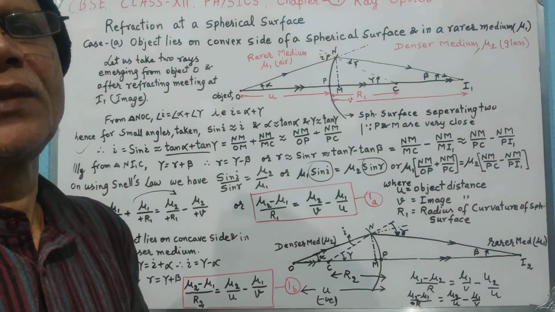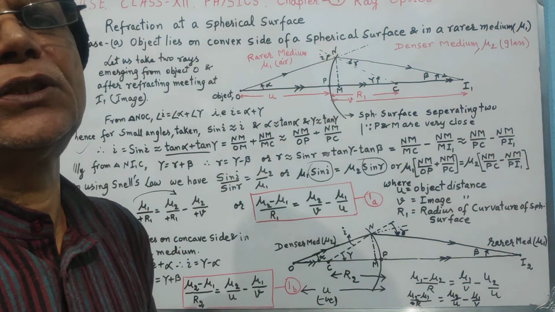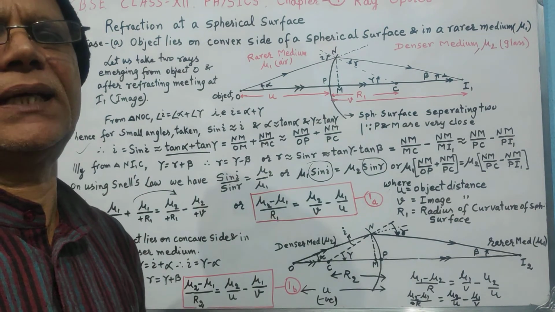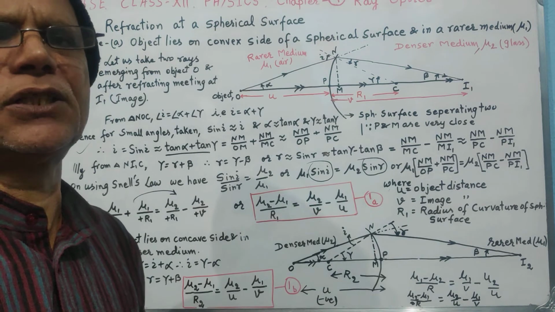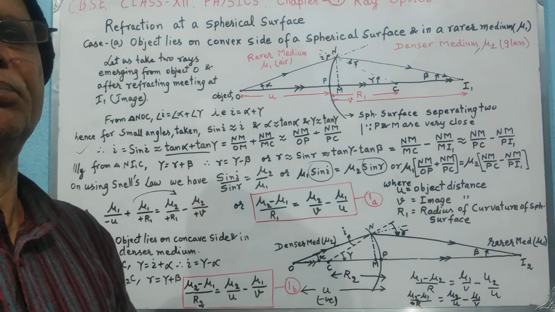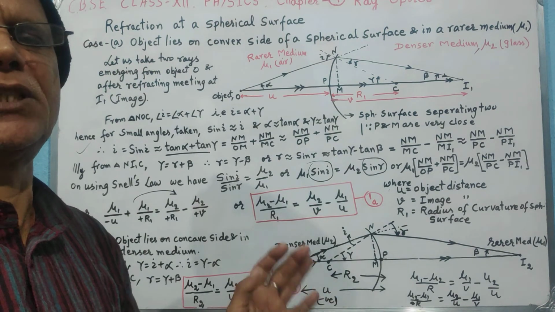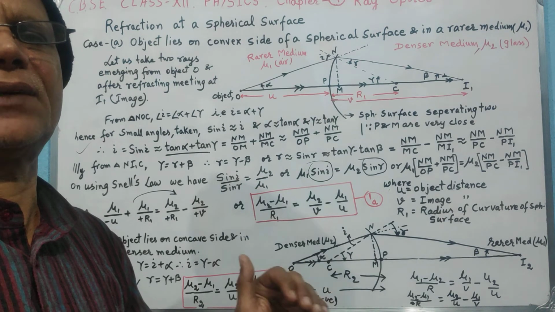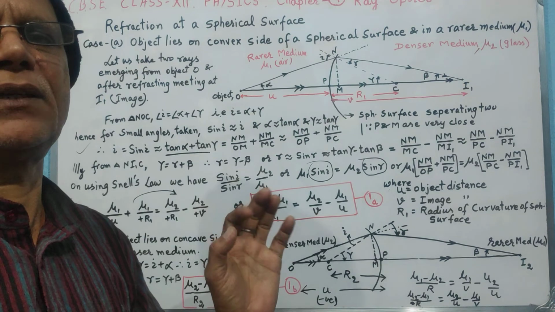So we have reduced the various cases: cases having a real image, cases having a virtual image, cases having the object placed in front of the convex side of the spherical surface, or in front of the concave side.